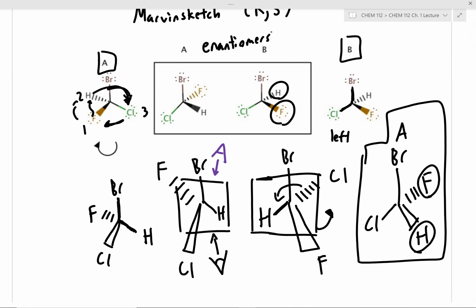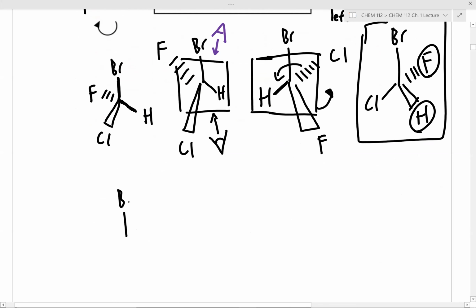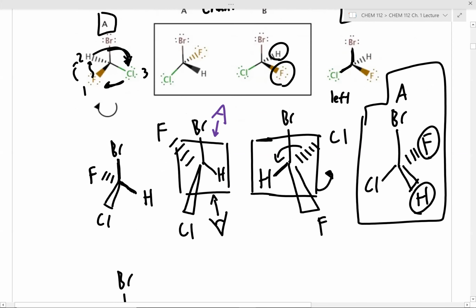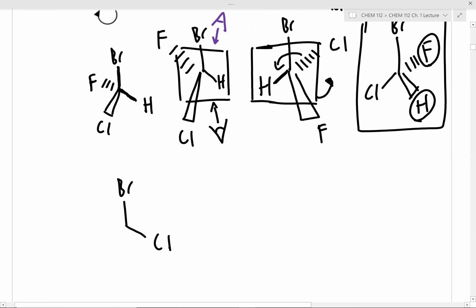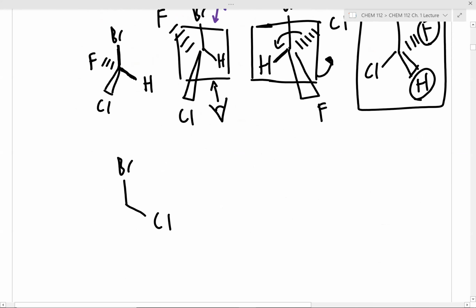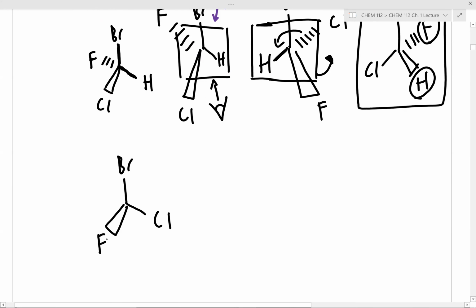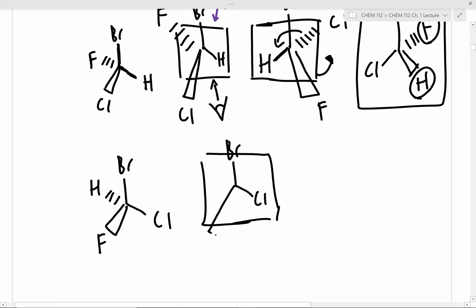Just to refresh once again, just to show you this method once again. Let's suppose we have our structure. We have bromine, chlorine, fluorine pointing out of the plane of the page, and hydrogen pointing in. My first step is I draw my flat piece of paper, draw my bromine, chlorine, my fluorine pointing out, my hydrogen pointing in.